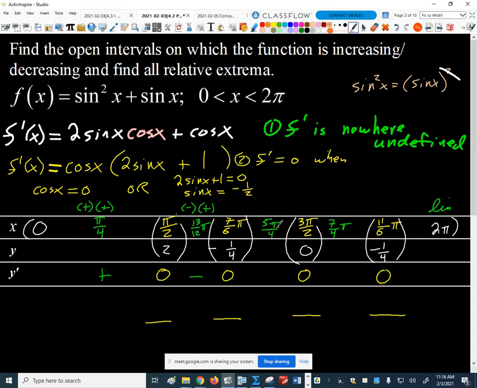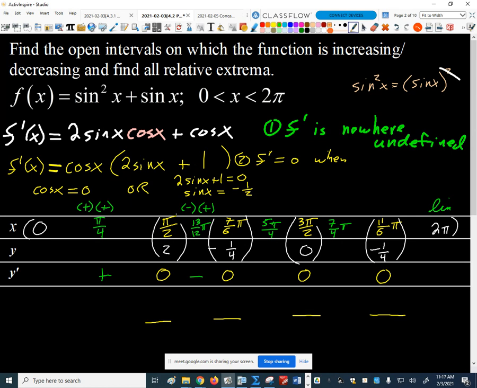That's right in the middle of quadrant 3. So I'm going to get negative. Here I'm going to get 2 times negative the square root of 2 over 2. What's that going to be? Yeah, that's going to end up being a negative number. 2 times that negative value is going to be a negative number more negative than -1.